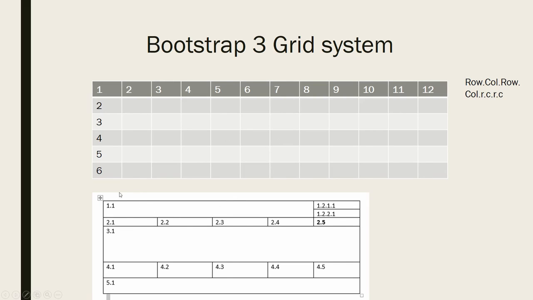So this example here shows how we can extend or create a grid system in Bootstrap. As you can see here, we have row 1, column 1, row 1, column 2. This is the second column of this whole row, and in this second column, this is the first row, and in this first row, this is the first column.